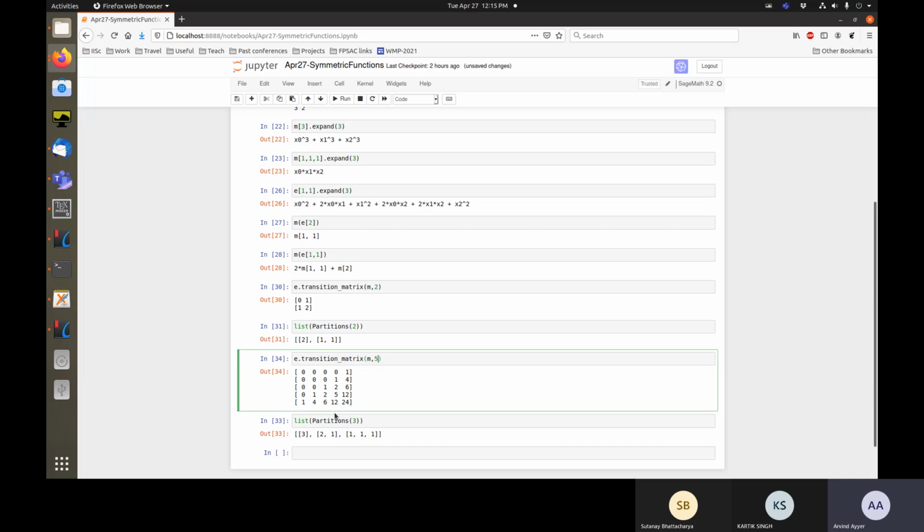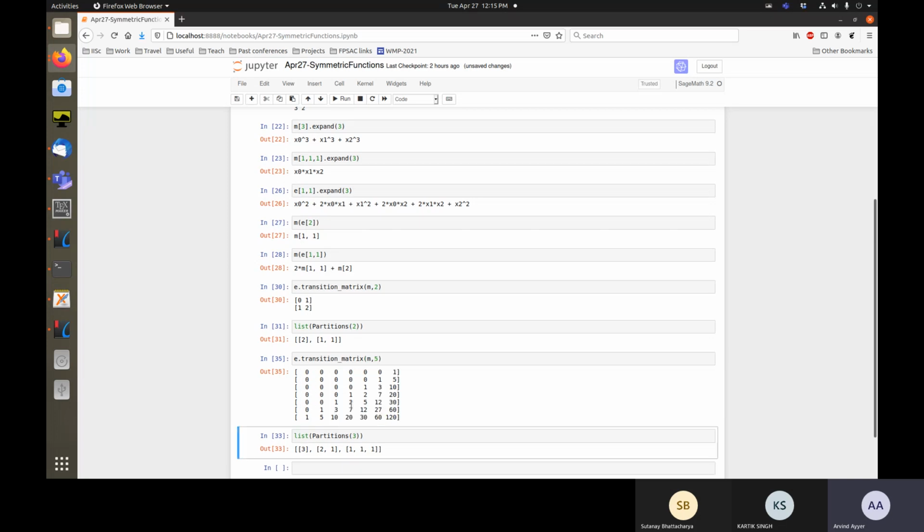Yeah. So let's take higher, and you will see that along the anti-diagonal you will always have ones. Above it you will have zeros, and below it you will have non-zero entries.